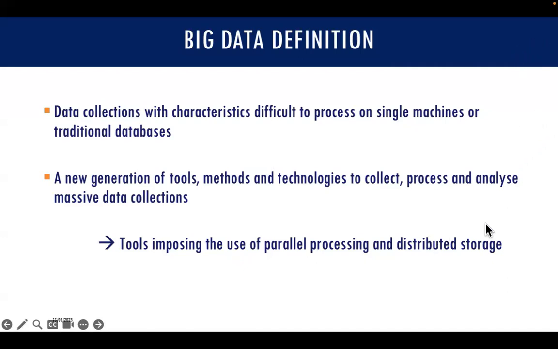Which comes to the second part of the definition: a new generation of tools, methods, and technologies are there to collect, process, and analyze massive data collections. And this is the status quo.